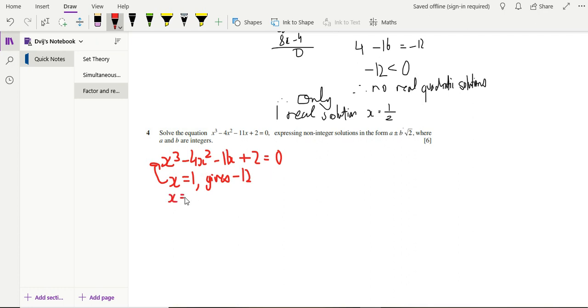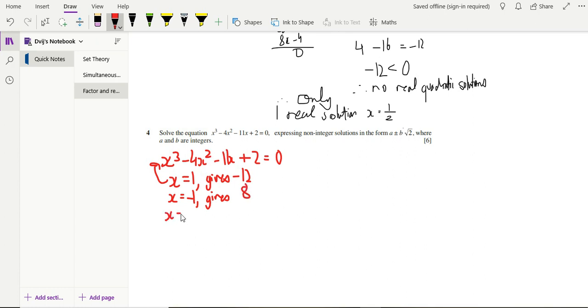Let's try x is negative 1, and let's see what this gives us. All we do again is just sub it into the same thing, and that gives us 8. Again, not what we want.